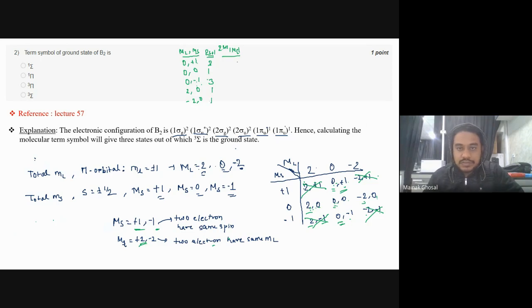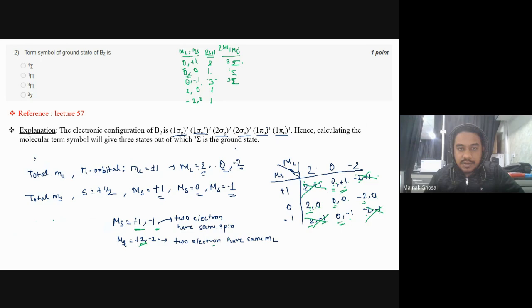Fine. Now the symbols will be: if ml is 0, then it will be a sigma state. So 3 sigma. Here this is 0, 0, that means sigma, and here this is 1, so 1 sigma. Here this is 3 and this is 0, sigma. So the same states are there: 3 sigma.